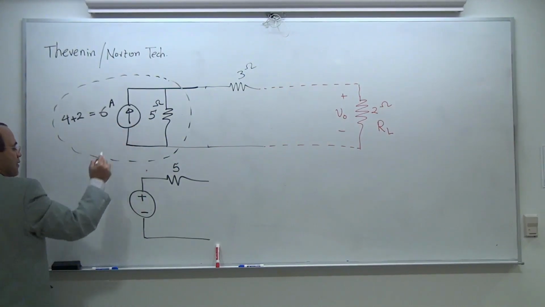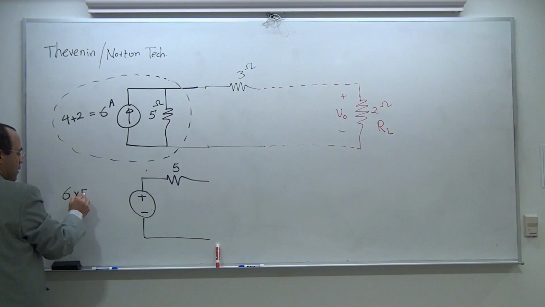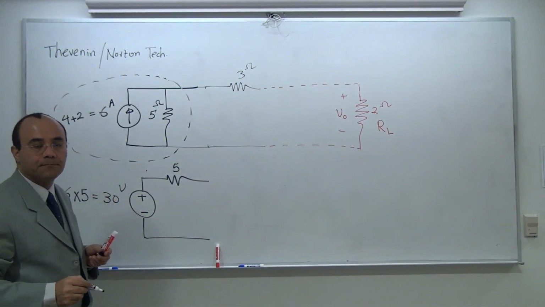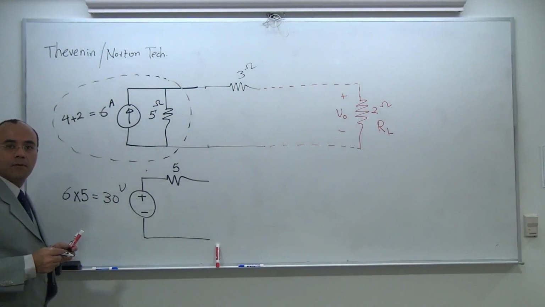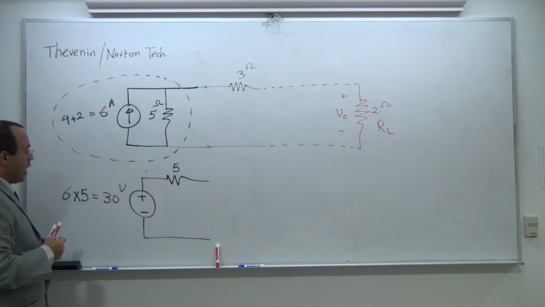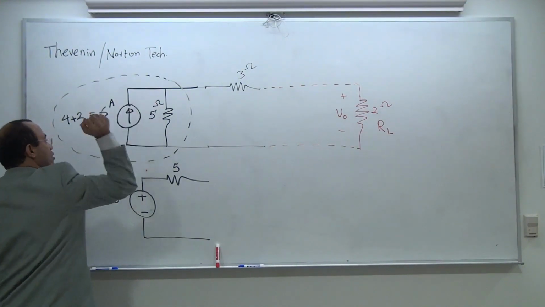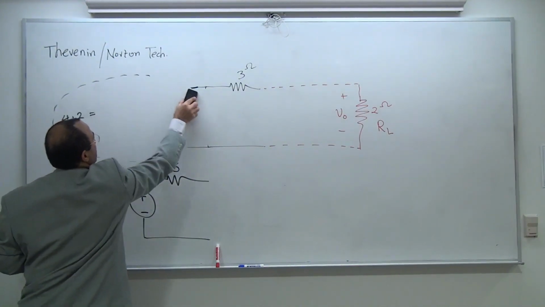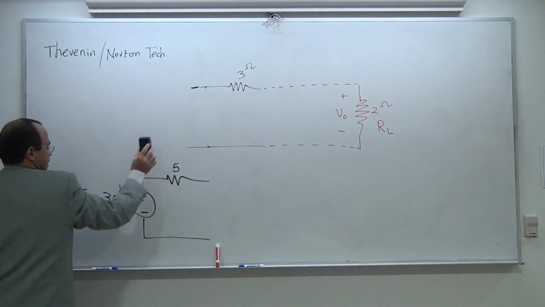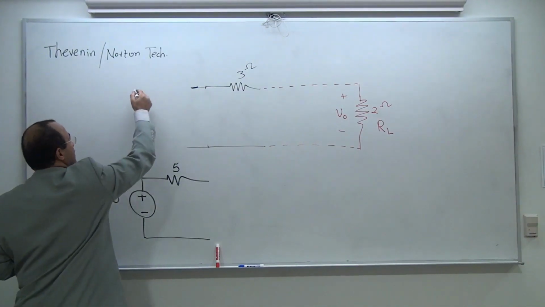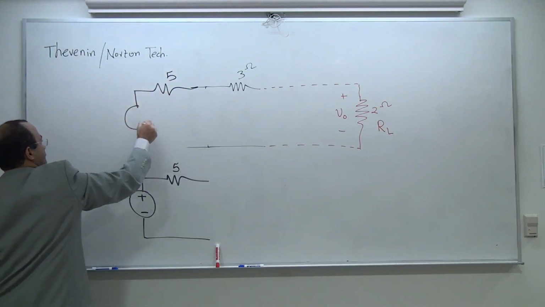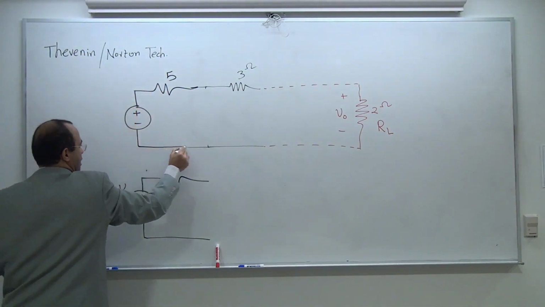And 6 times 5 is going to be 30 volts. Okay? Now, I want you to take this structure out of the place and replace it with the transformed structure. So this is going to be 5 ohm again, and you happen to have 30 volts.